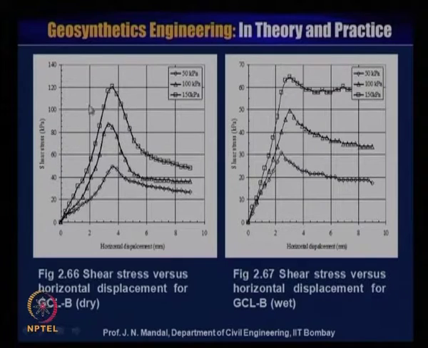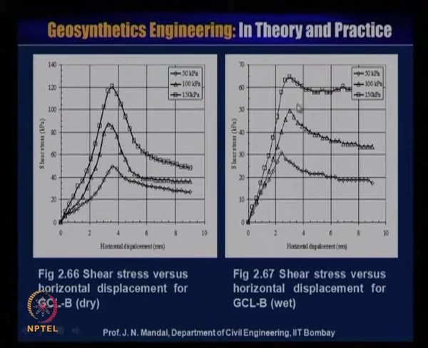In all the curves under the various pressures the nature is the same, and the horizontal displacement is relatively less, whereas the shear stress is more. But this is the figure for the geosynthetic clay liner B sample in wet condition, and this is the relationship between the horizontal displacement and the shear stress under different pressures. You can see that the shear stress is increasing and then decreasing, almost becoming constant.